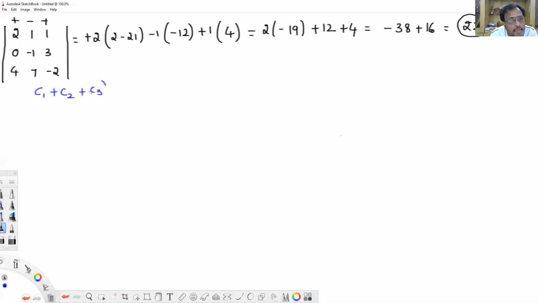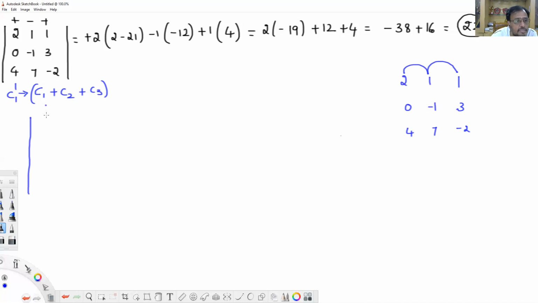I will add all three, but I will write the answer in C1. That means you can see the new C1 here. C1 dash means new C1. Okay, I'll tell you how to add. 2, 1, 1, 0, minus 1, 3, 4, 7, minus 2, like this. C1, C2, C3 have to be added, but the answer you have to write in C1. So I'm leaving this place.